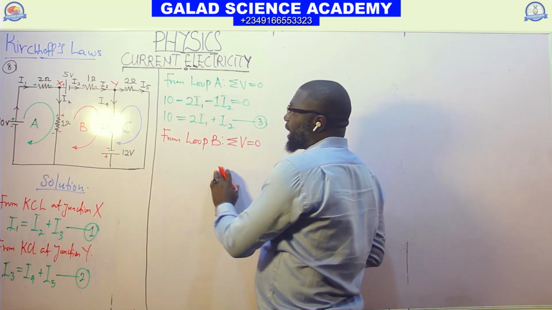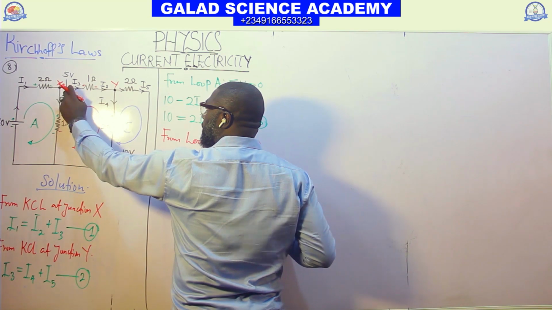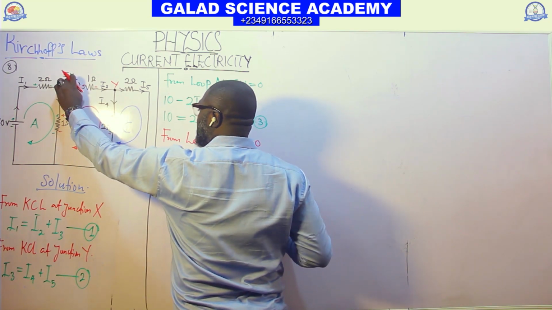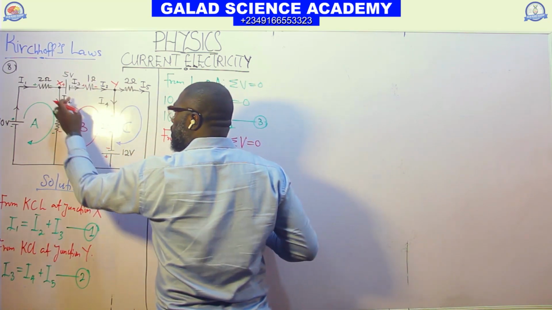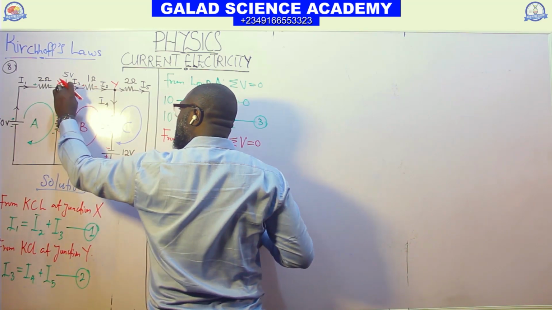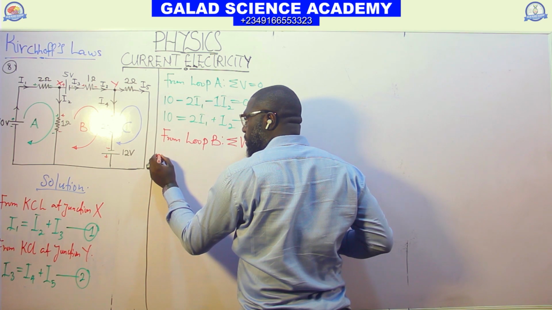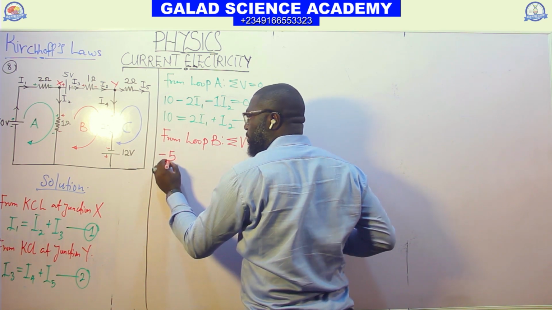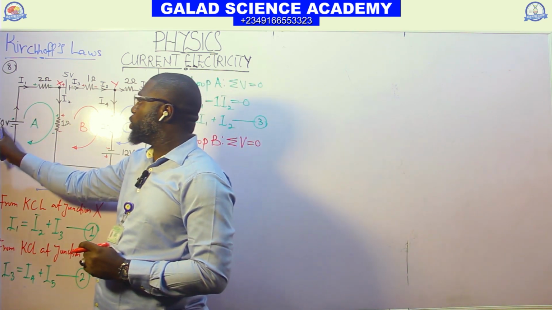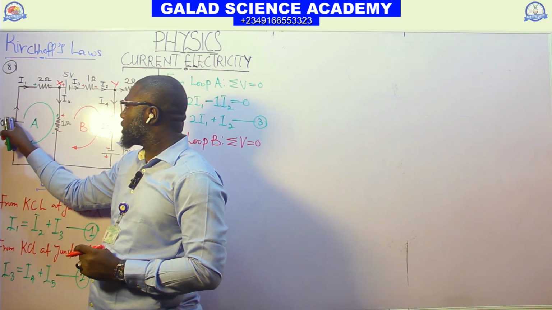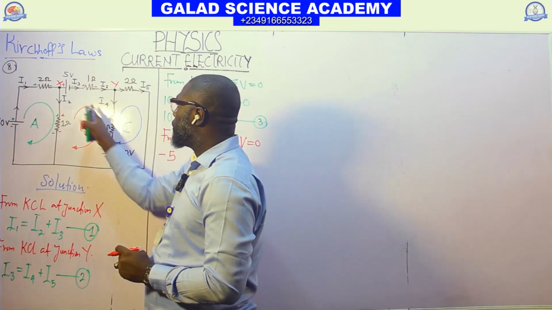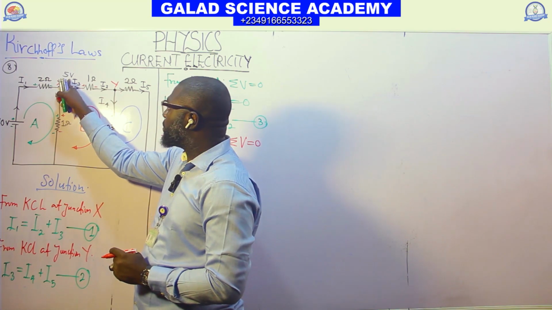So let me start my loop from here. This cell, which is 5 volts. So the loop is coming like this now, going like this. This is minus. So you will now call it minus 5. Note, when we start our loop from 10 volts here, we have positive. That's why we call it positive. We start my loop traveling from 5 volts.